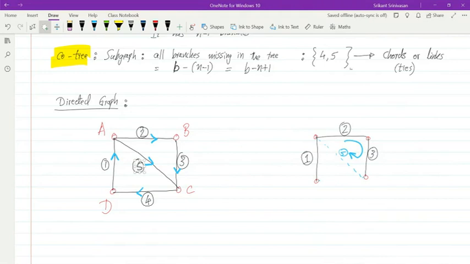Every chord that you have will help you come up with a connection that will help you solve the circuit. So every chord is representative of one equation. If I have the basic tree, then I don't have any equation. But once I put in a chord, I'm able to create a structure which allows me to have an enclosed loop, and therefore I can come up with an equation. So that's the basic idea over there.